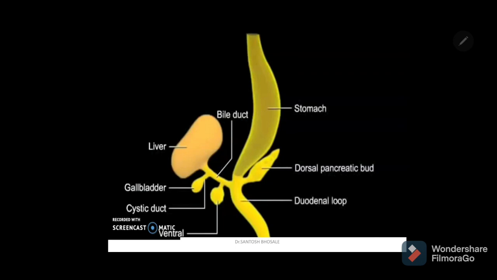You can see the ventral pancreatic bud is very near to the hepatic bud. That's why the common bile duct and the main pancreatic duct have a common opening in the second part of the duodenum at the major duodenal papilla. So this is the ventral pancreatic bud and they undergo axial rotation. So the ventral pancreatic bud goes and fuses with the dorsal pancreatic bud.